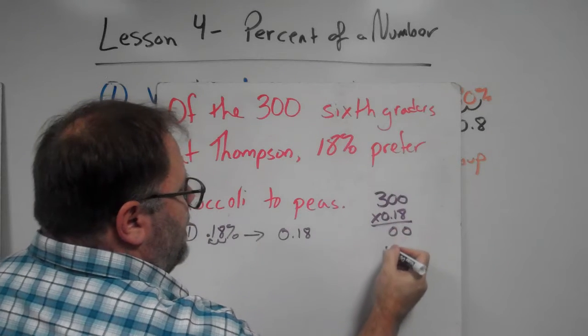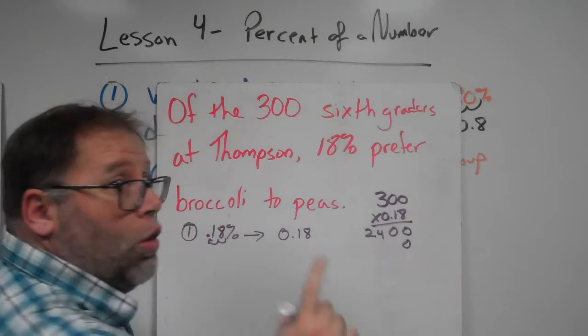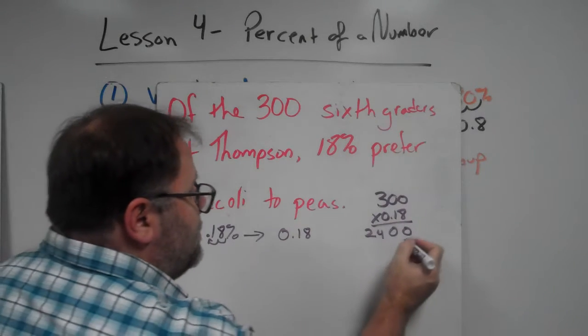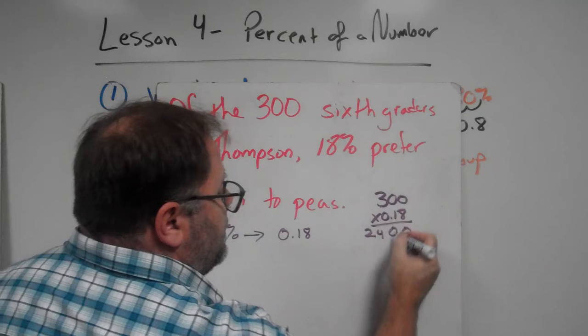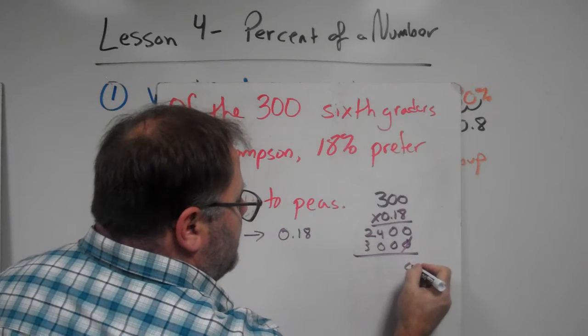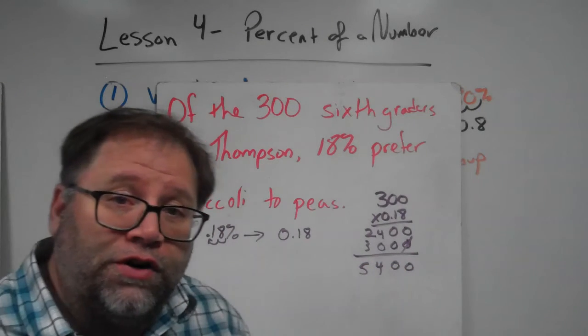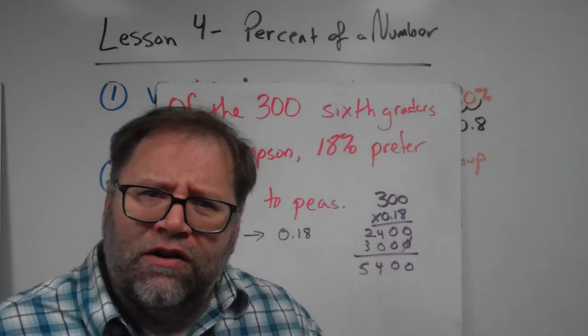8 times 0, 8 times 0, 8 times 3. 1 times 0, oh no, don't forget to annex that 0 there. 1 times 0 is 0, 1 times 0 is 0, 1 times 3 is 3. So I get 0, 0, 4, 5, 5,400, no, that's not right, right?